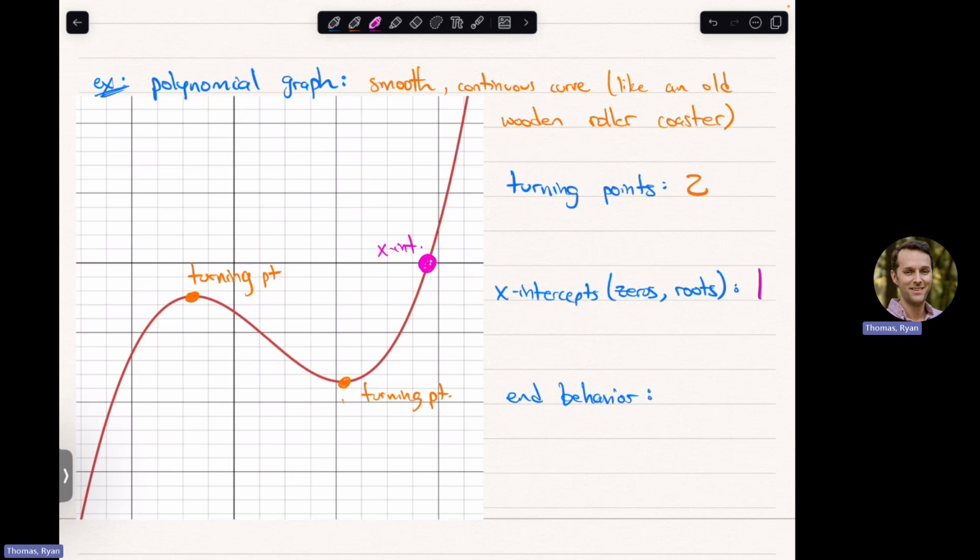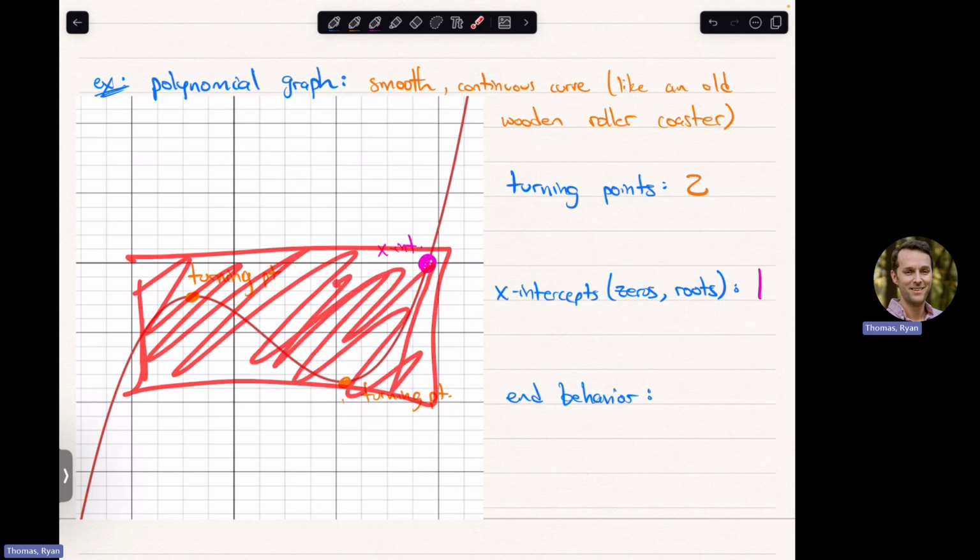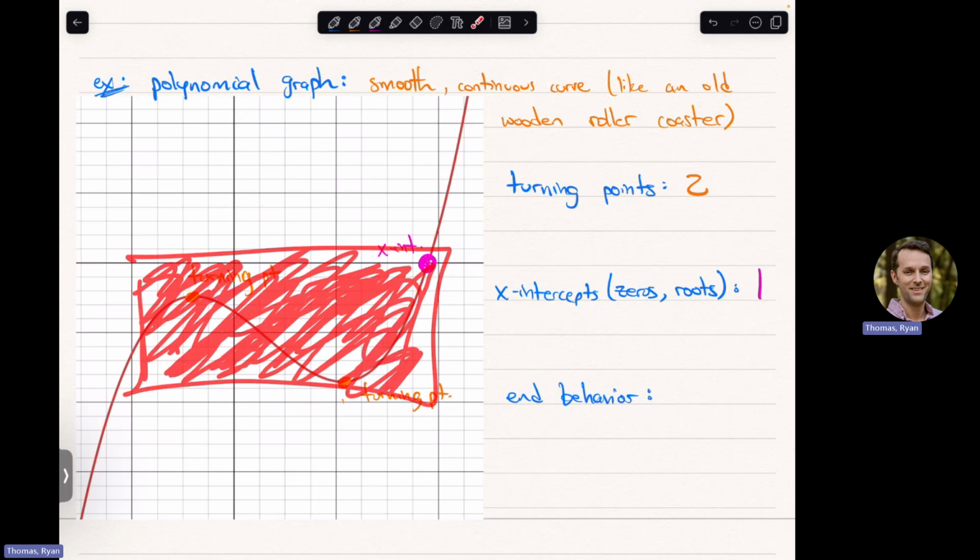Okay, and then the end behavior, we're basically talking about, if we ignore all of this, right? Polynomials are always going to have this wiggly stuff going on in the middle. But if we ignore all that and just look at it big picture, like if I took this graph, and this is just a picture of it so I can't do it here, but if I took this graph and zoomed way out, what would I see? What I would see is that this end is pointing down in the direction of negative infinity, and that on the other side, this end is pointing up.